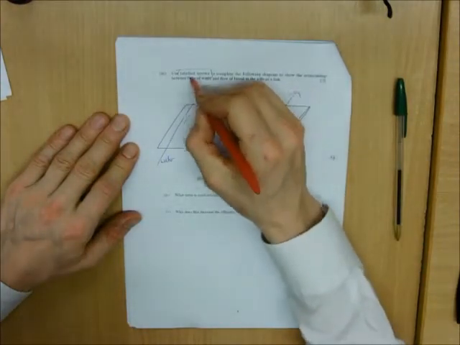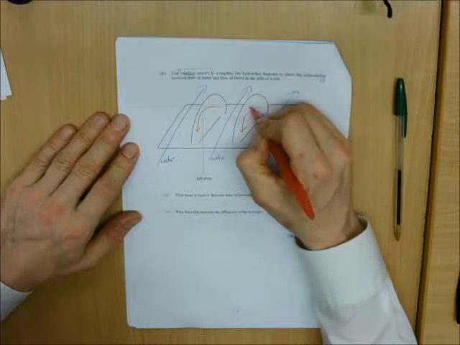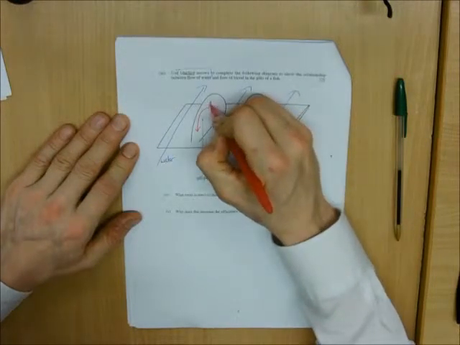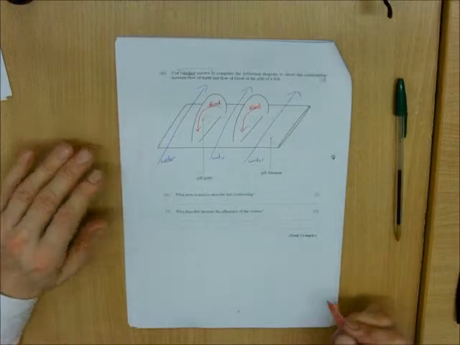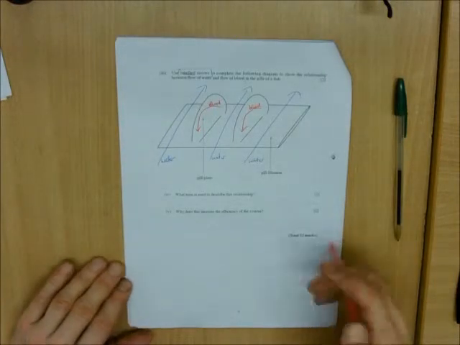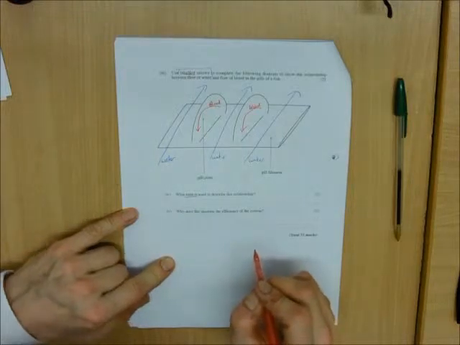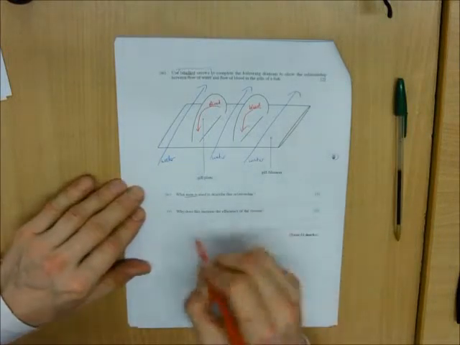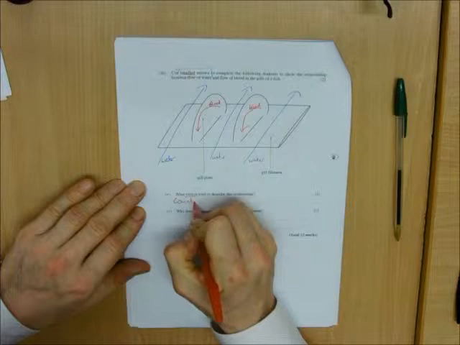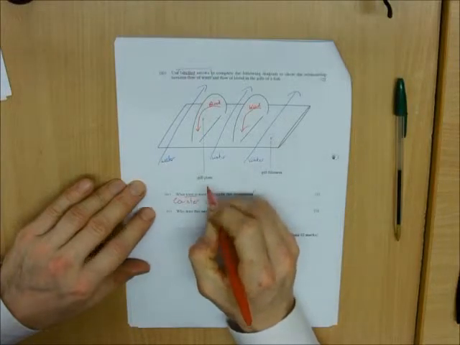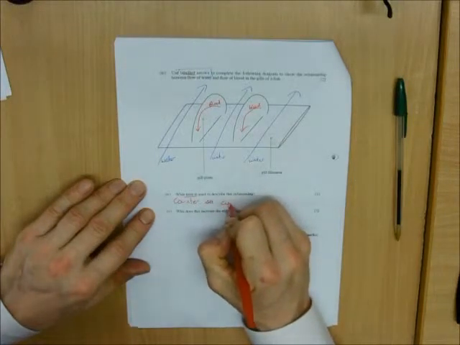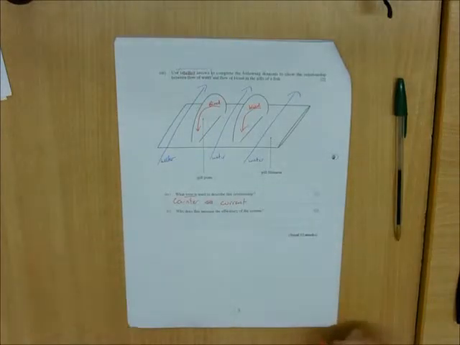And we're going to label that again, so blood there. What term, so it's not going to be a long answer, is used to describe this relationship? Well, we said it already, counter current.